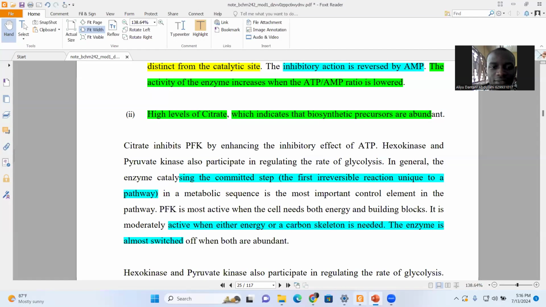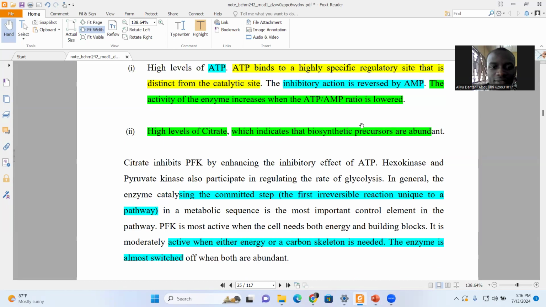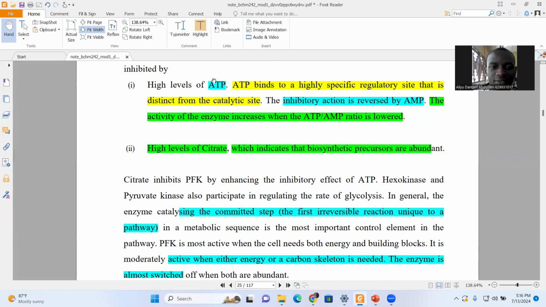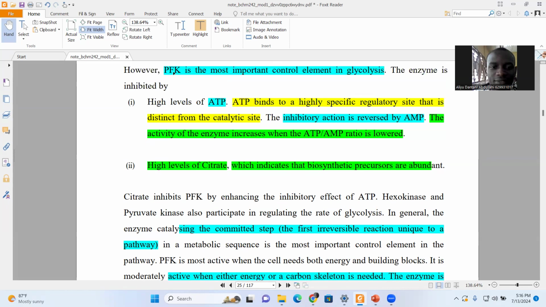All right. So high levels of citrate, which indicates that biosynthetic precursors are abundant, will also inhibit the activity of this enzyme. When you have had enough bioconversion of glucose into pyruvate, and it has gone into the citric acid cycle, it is expected that you're going to have high levels of ATP and high levels of citrate, right?